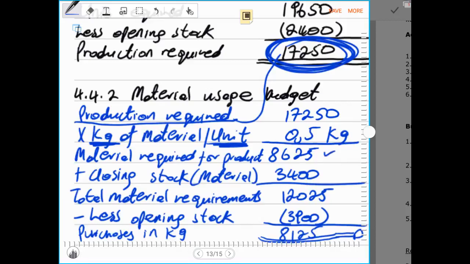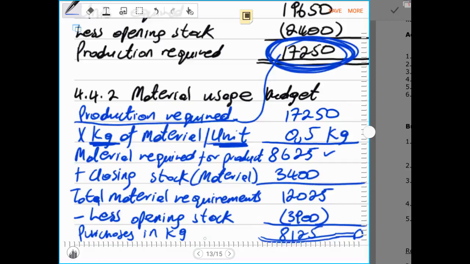Therefore now if that is material which is required for production, we also have to add the closing stock, because closing stock is the material that was left from the current accounting period. Then after we get to the total material that is required, we subtract the opening stock, because opening stock is the material that came from last year, and we don't need material that comes from last year because it is already in the business.